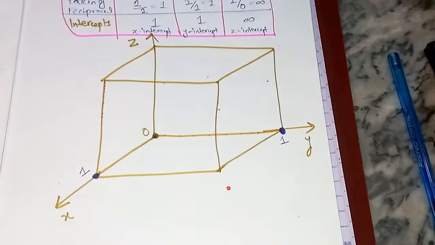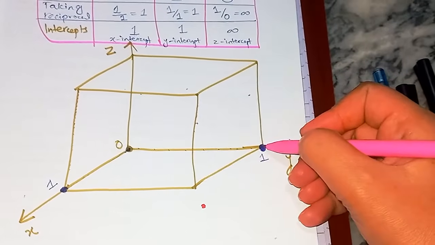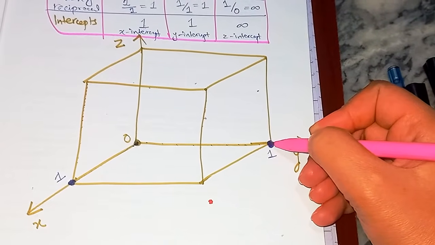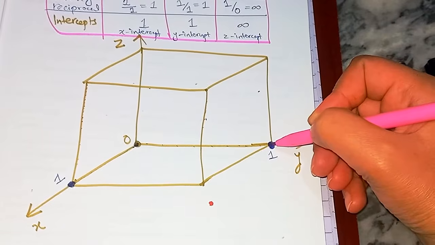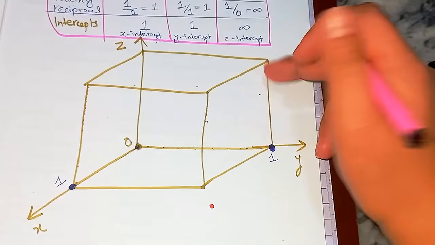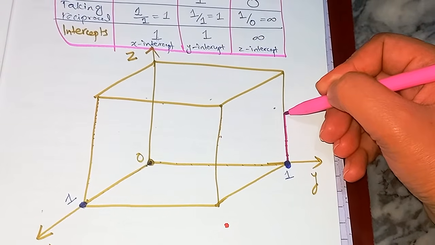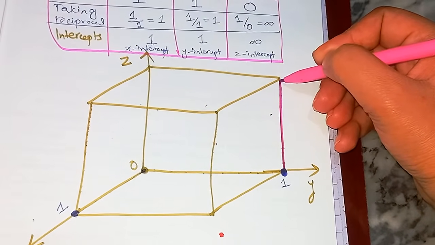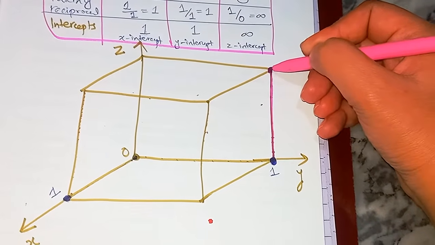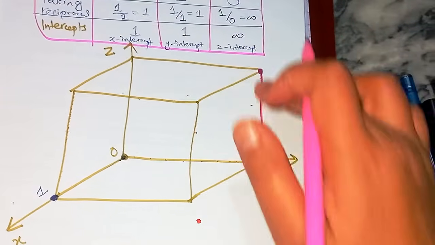We can see here that this is one of the points on the plane. I'll draw a parallel line along the z direction, which is vertically upward, and where I need to stop is the corner of the unit cell. So I'll stop here. This is part of the plane.